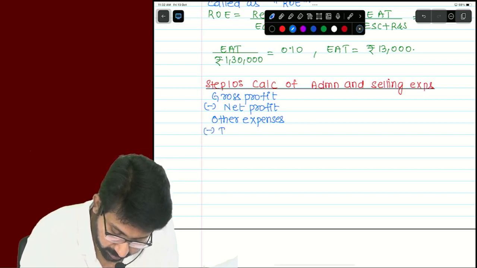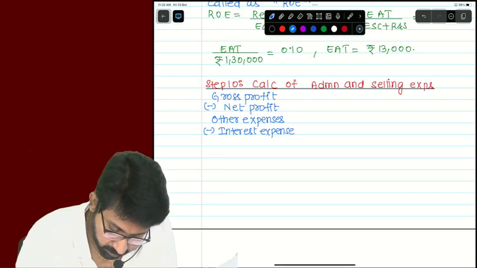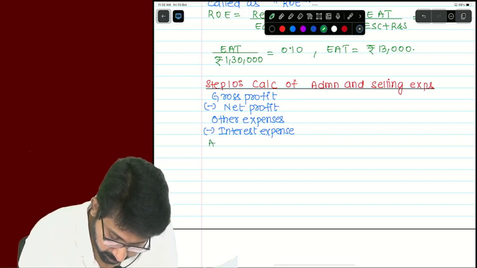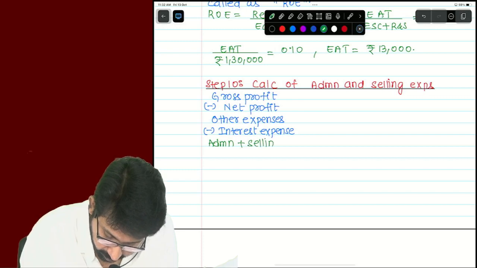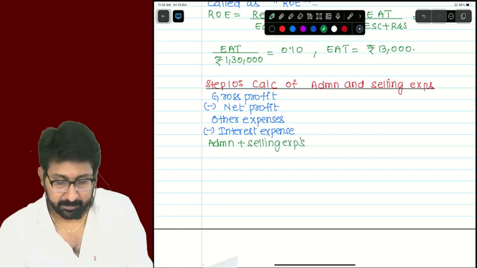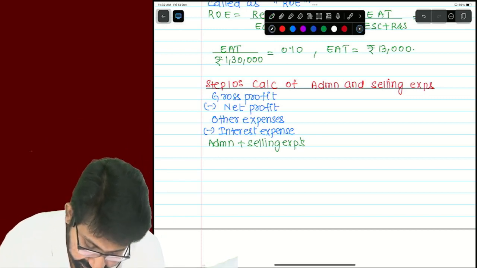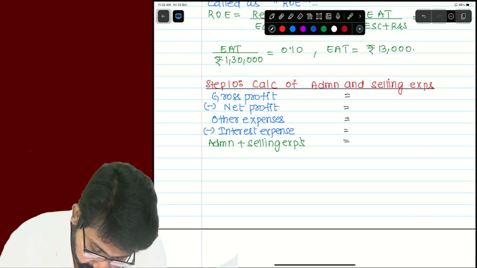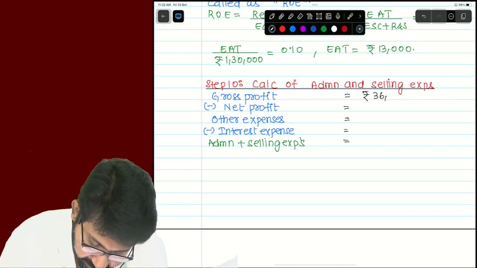In that, if you remove interest expense, the balance will be administration and selling expenses. Please give me the answer. How much is the gross profit? 36,000.